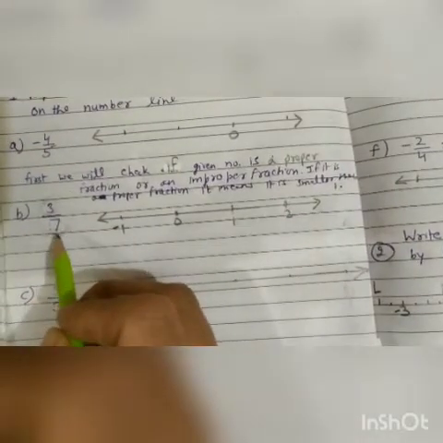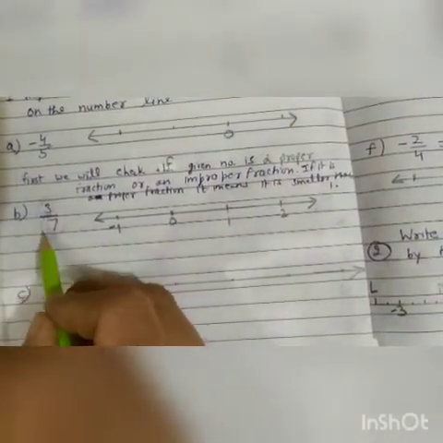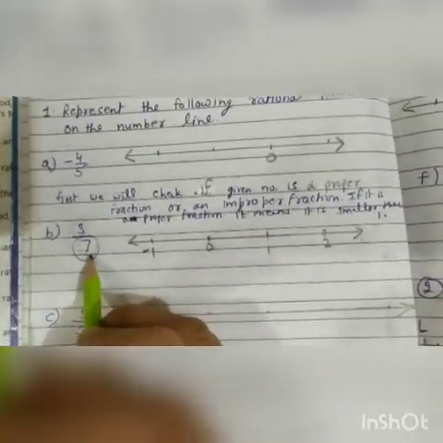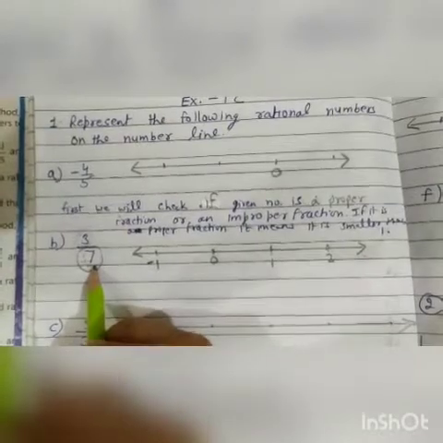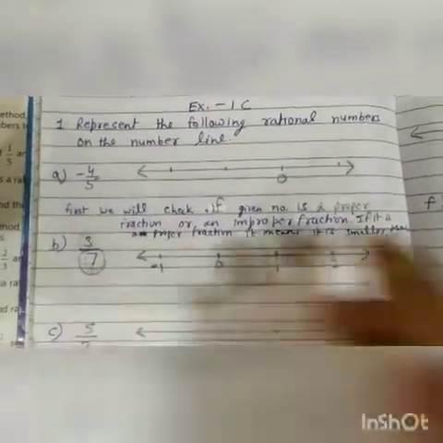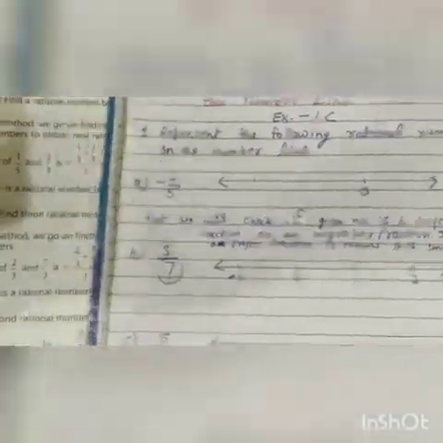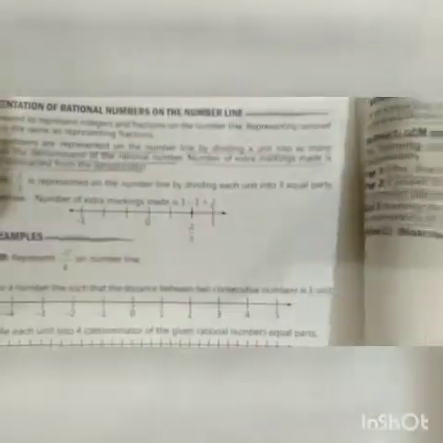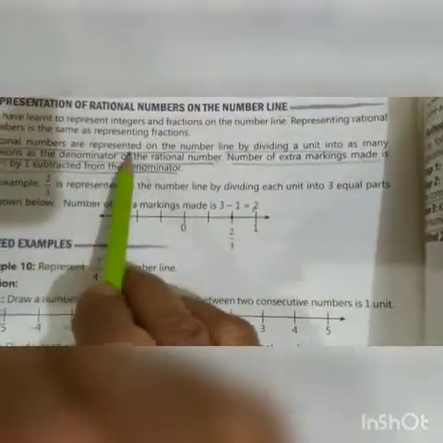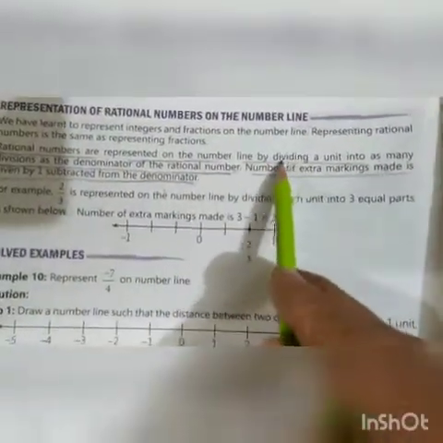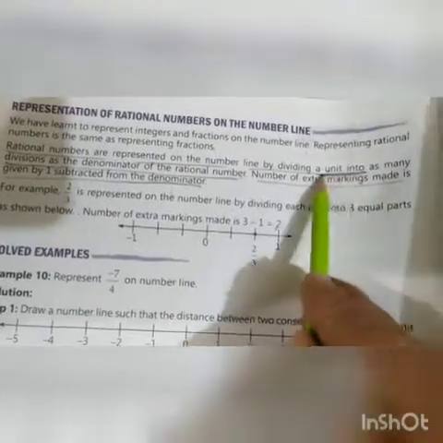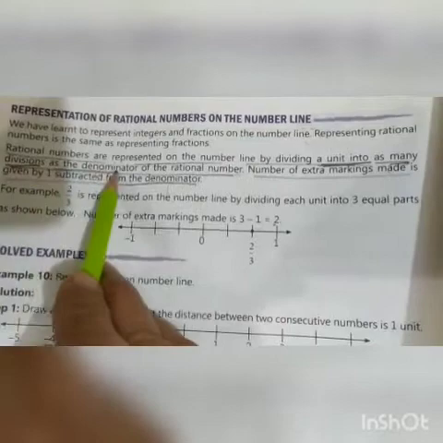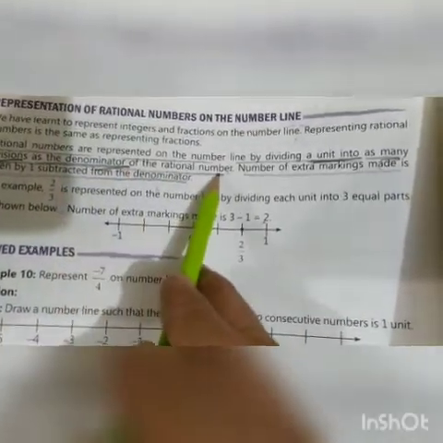Now what will we do? We see its denominator. What is its denominator? Its denominator is 7. Students, see here, I told you rational numbers are represented on the number line by dividing a unit into as many divisions as the denominator of the rational number.